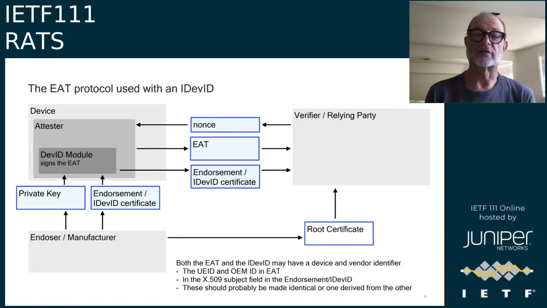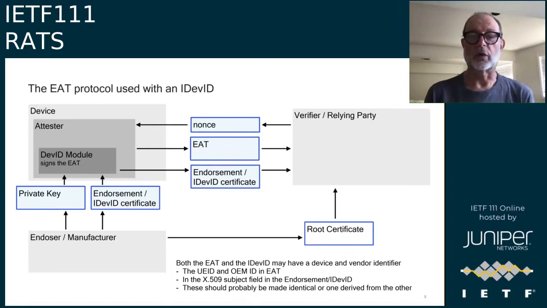So the nonce comes, and then the attester creates an EAT. It signs the EAT with the private key from the Dev ID module. And the way I understand Dev IDs to work is that the endorsement goes along to the verifier, and then a root certificate goes separately. So this is how you would use them together.